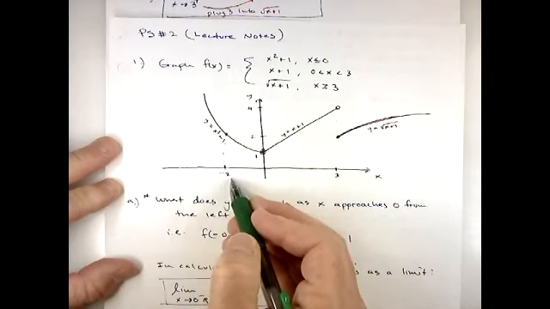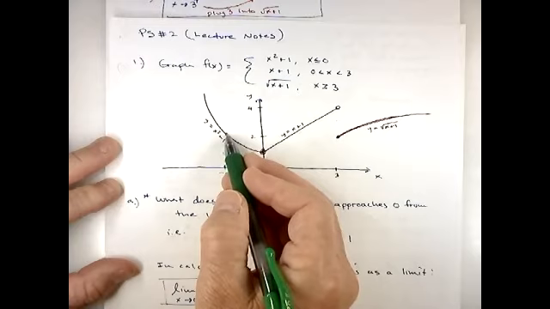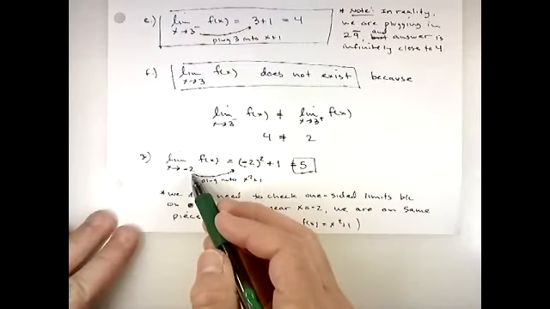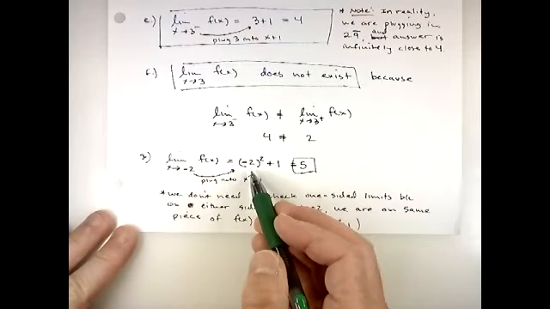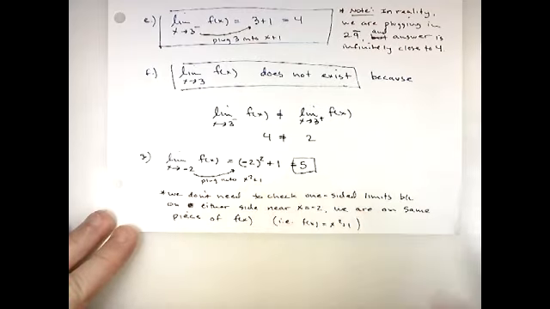So if someone wanted to know what's the limit as x approaches -2, you don't need to look at the left and right hand limit. How do I find the limit? I would just plug -2 into the parabola, right? Because that's the part of the function we'd be on. And that would give me a value of 5.